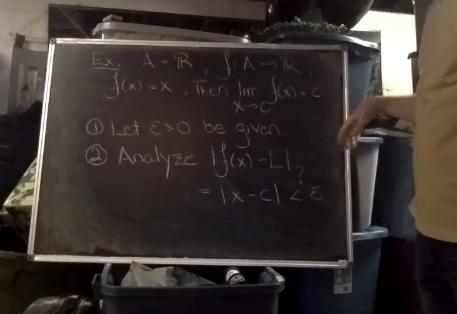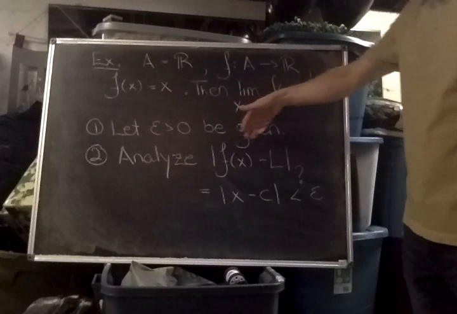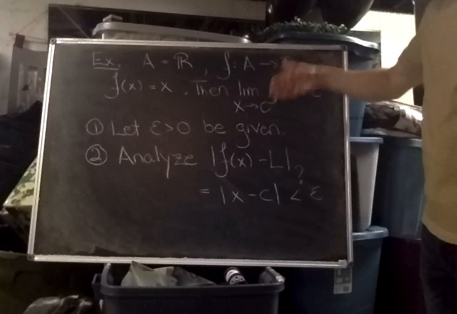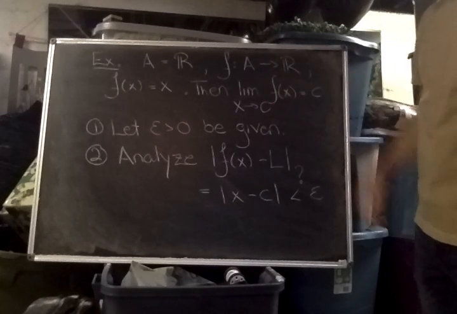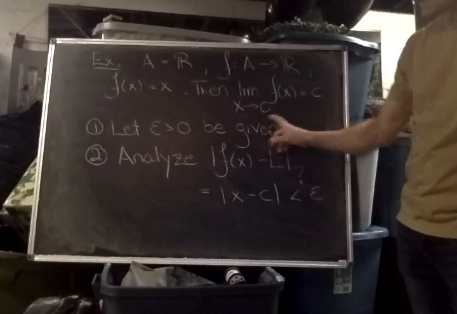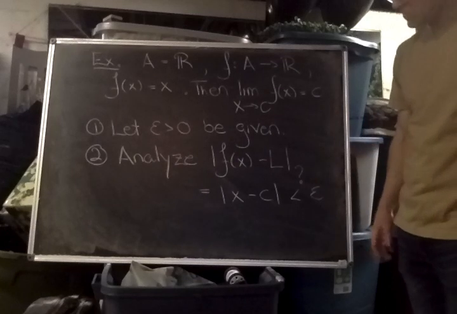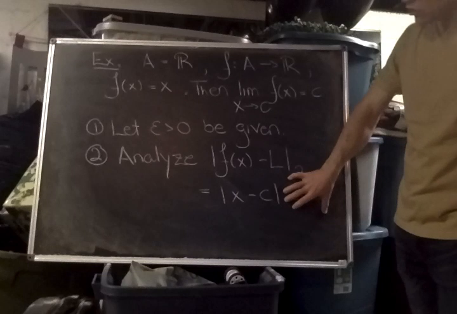Now instead we've got this slightly different thing, f of x minus L. And the way we can control it is by controlling how close x is to the point c. And another way of saying that is to say that we control how big this thing is, absolute value of x minus c.